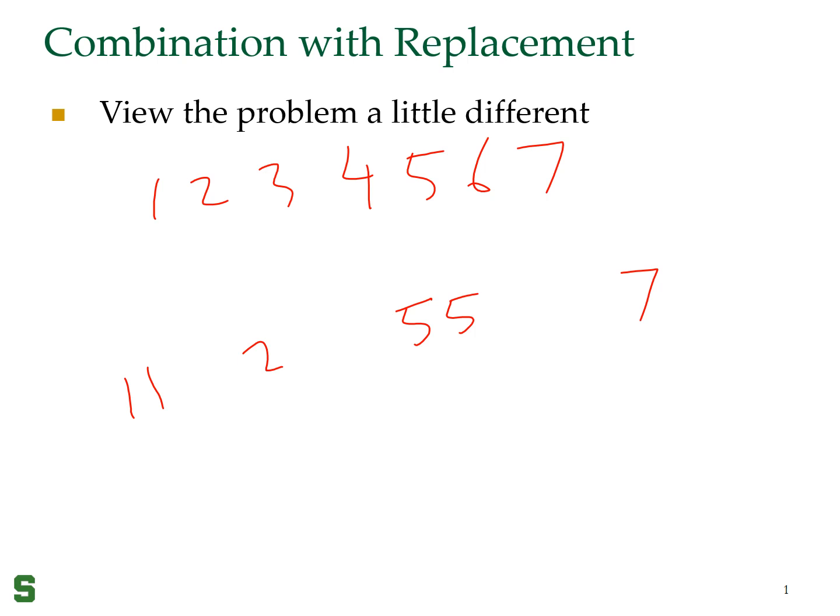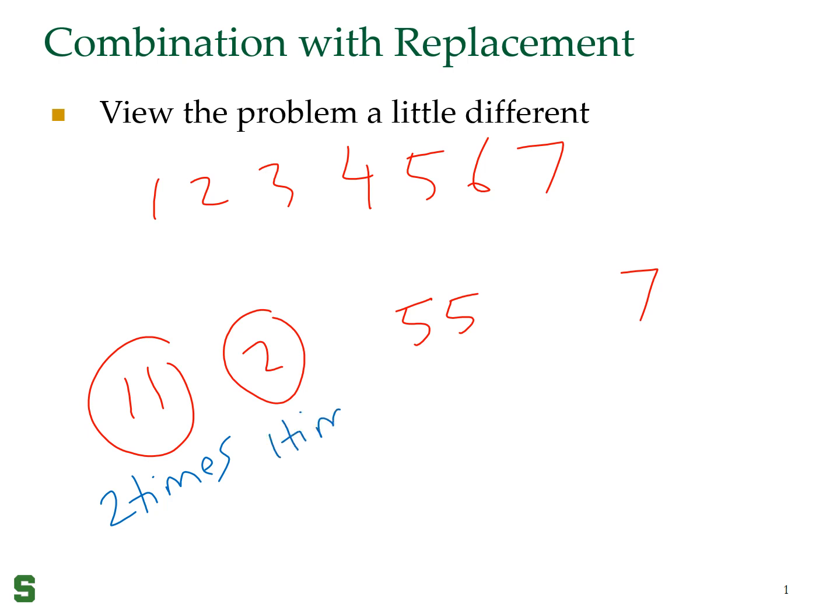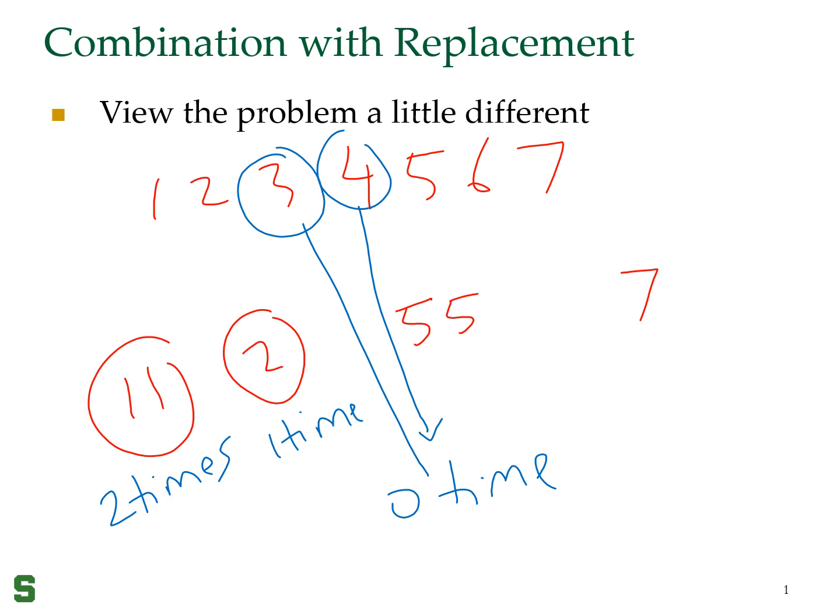So I'm going to think of this as 1 is selected 2 times, 2 is selected 1 time, 3 is selected 0 times, 4 is selected 0 times, 5 is selected twice, 6 is selected 0 times, 7 is selected once.